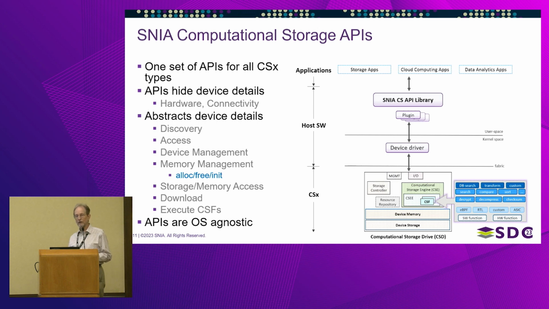All of this is to make it so that you can have an application, and if you have a library built under it, that library will allow you to talk to whatever the specific device is that the library applies to. And APIs are intended to be operating system agnostic. So again, the interface at the API level is intended to be the same no matter what operating system you're working on.